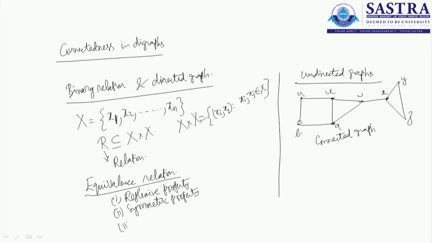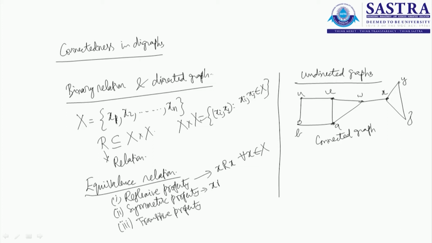And the third one is the transitive property. What is the reflexive property? X is related to x for every x in X. This is called the reflexive property.